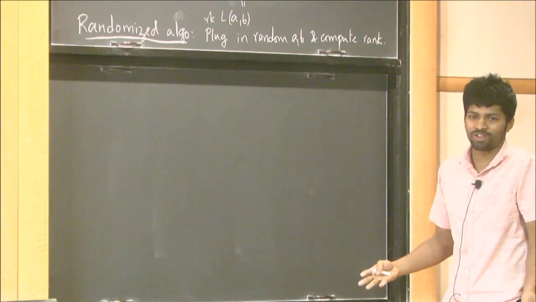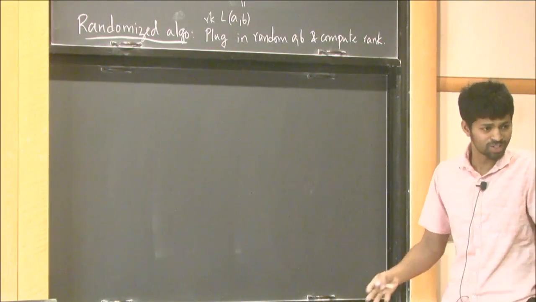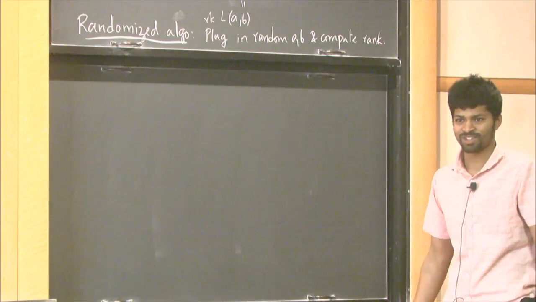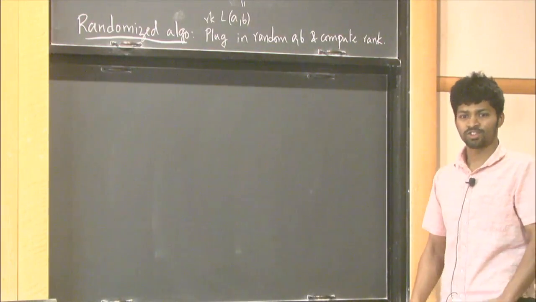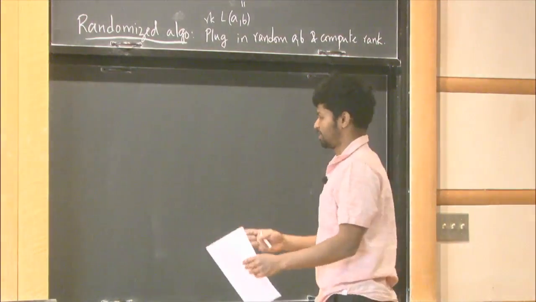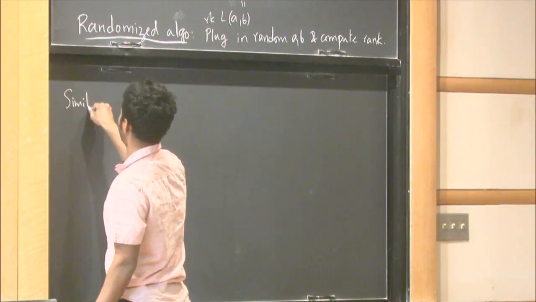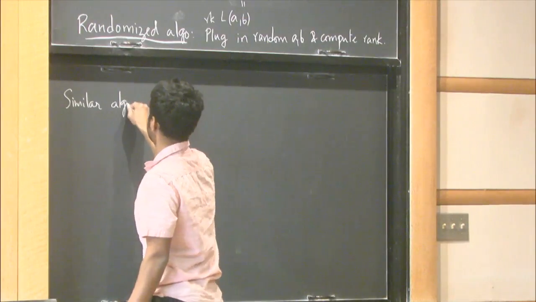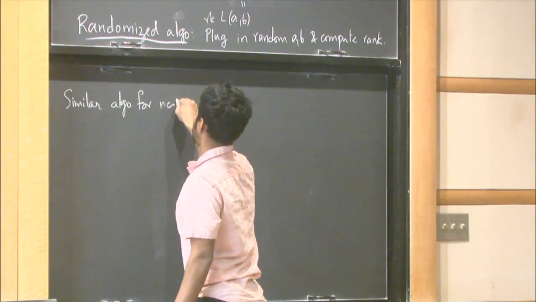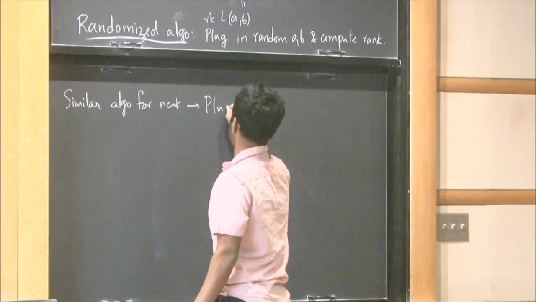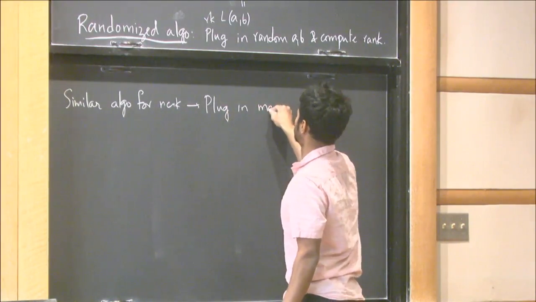Where do you find something non-commutative? We've all seen matrices in our lives, and we all know that matrices don't commute. So you should be able to plug in matrices. A similar algorithm for non-commutative rank would be to plug in matrices, but of what size?